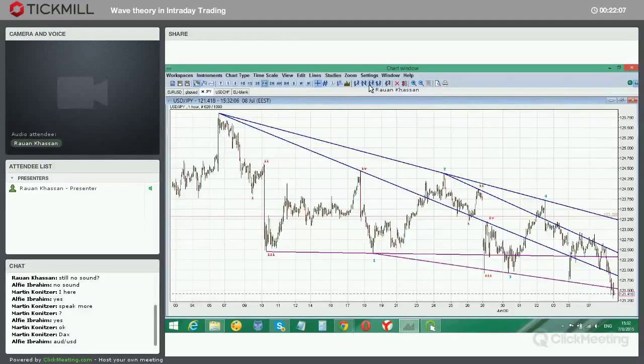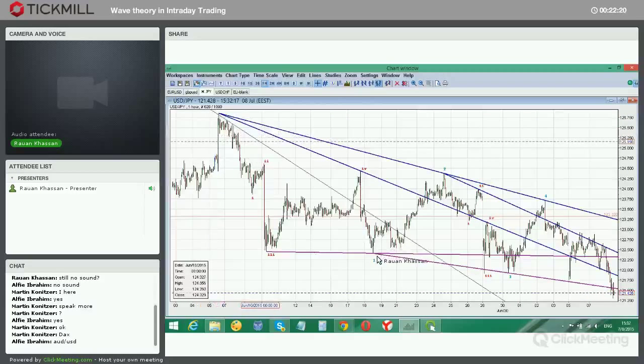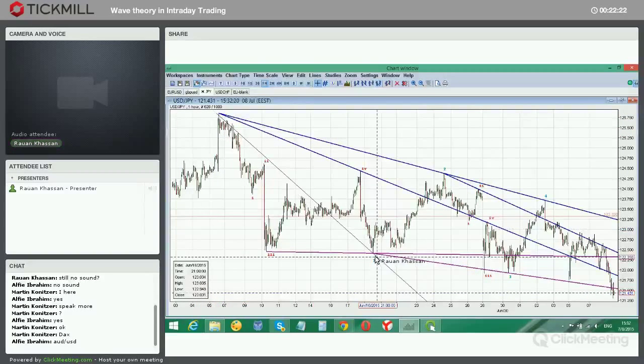I have marked the first descending line from the top 125.85 to the bottom of 18th of June, 122.55.